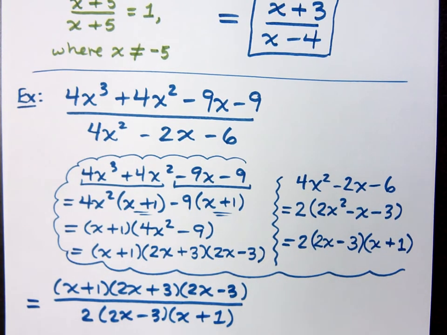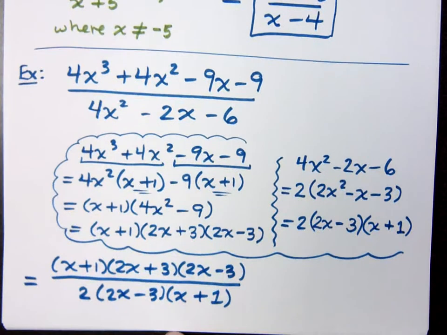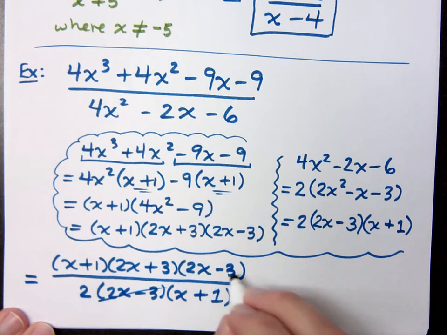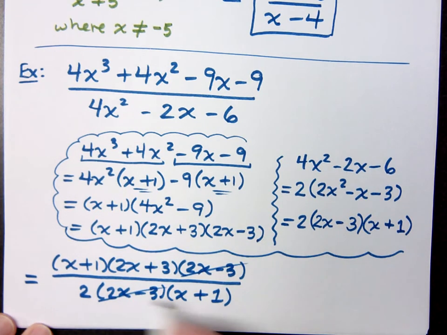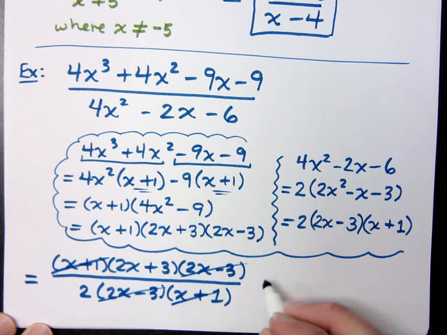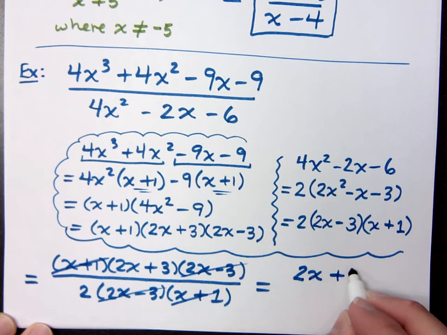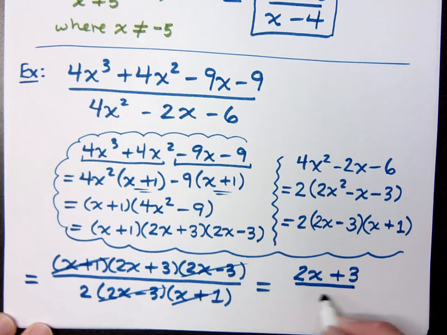Do I have common factors that get to simplify here? 2x minus 3 will simplify. What else? x plus 1. So what am I left with? 2x plus 3 divided by 2.